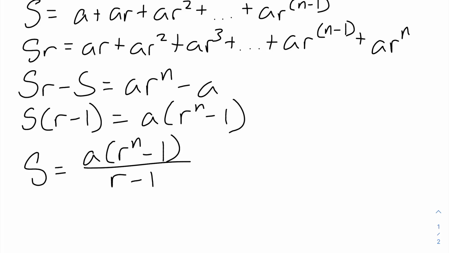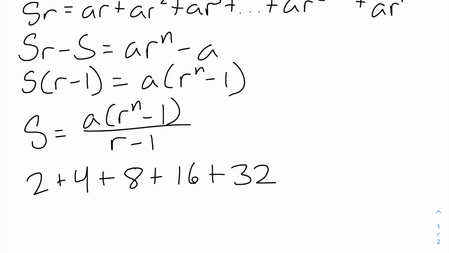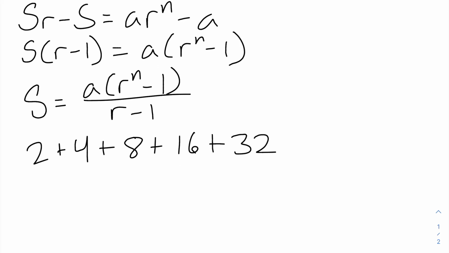Now, let's try it out. Let's say we have a geometric series 2 plus 4 plus 8 plus 16 plus 32. In this case, A is our first term, so A is equal to 2.